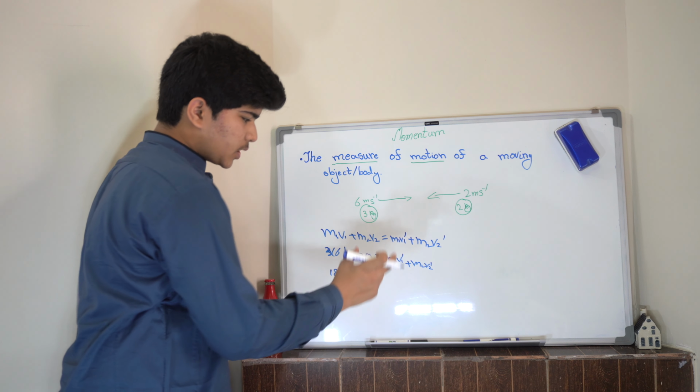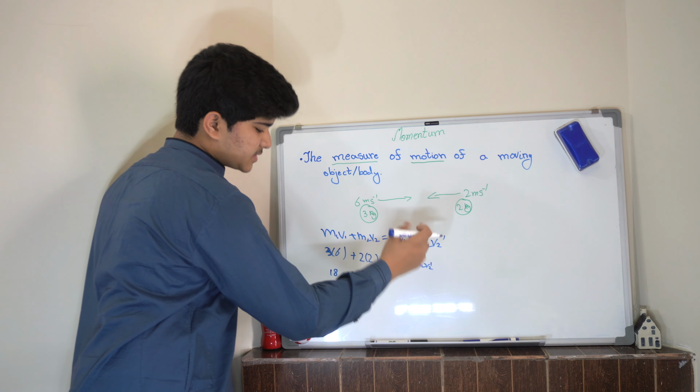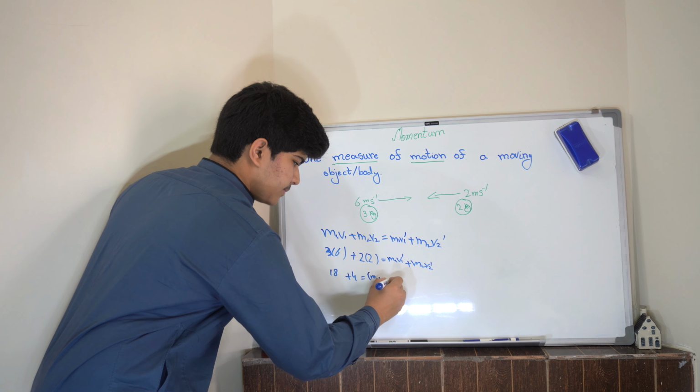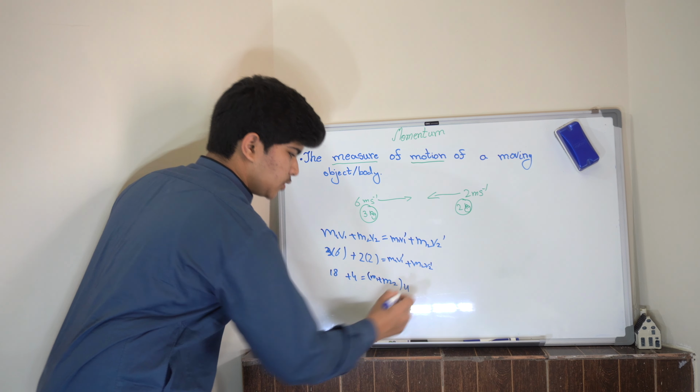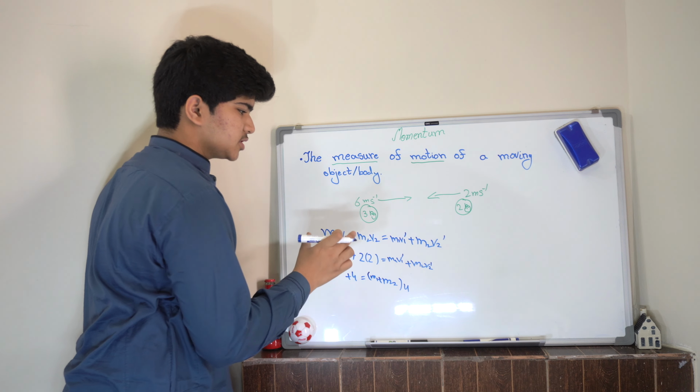And now what we are going to do is take the velocities as common. So we write m1 plus m2 and a u outside, because both the velocities are not given in the question.